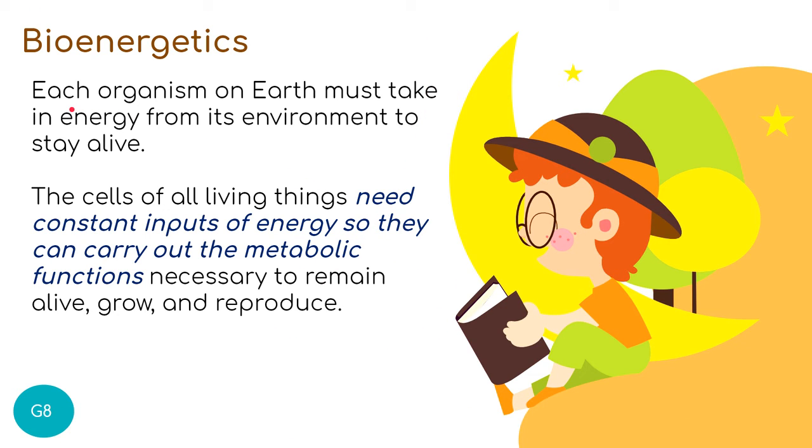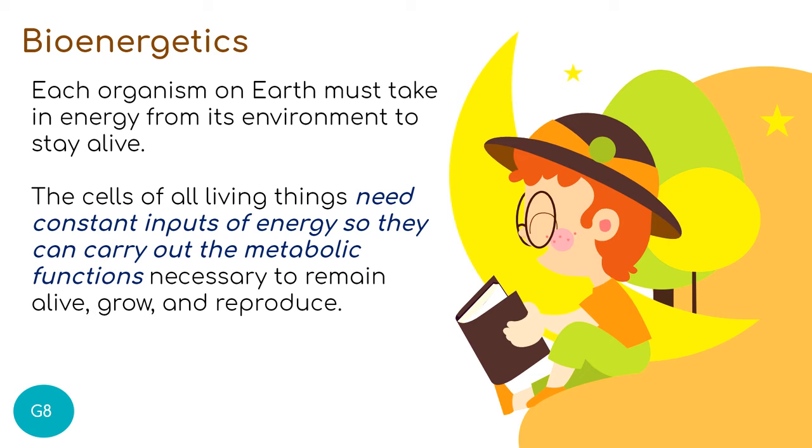So each organism on Earth must take energy from its environment to stay alive. If you're a photosynthetic organism, a plant or algae, you take it from the sun, the atmosphere, and the soil. If you're an animal, you need to eat other organisms to get that energy. So that transfer of energy, energy transformation from the environment into the body, happens at the cellular level. The cells of all living things need constant inputs of energy so that they can carry out metabolic functions, which are necessary for the organism to remain alive, to grow, and to reproduce.